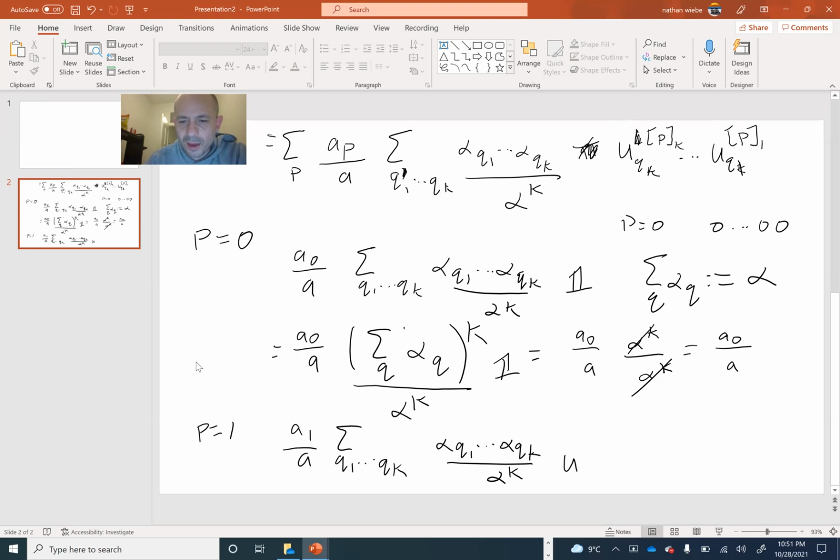So now this will be uq1 here. Now we can apply the exact same thing for all the indices except the first one. So this is going to be sum over q1, uq1, because these are just numbers, they commute with any matrix.